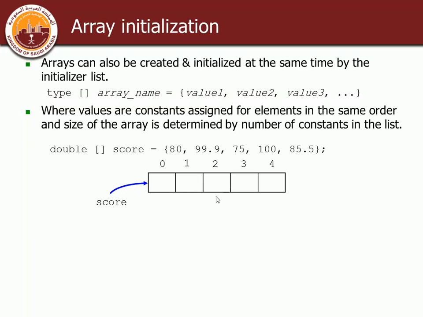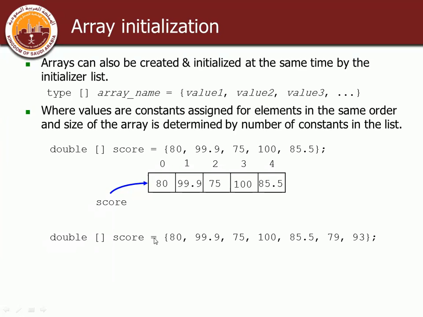So when I have 5 elements in an array, the index of the last one is always 5 minus 1. This is what you need to remember. So in this situation I will have 80 in the first position, 99.9 in the second element, 75 in the third element, and so on. Every element is going to go into the place according to the sequence that I added.